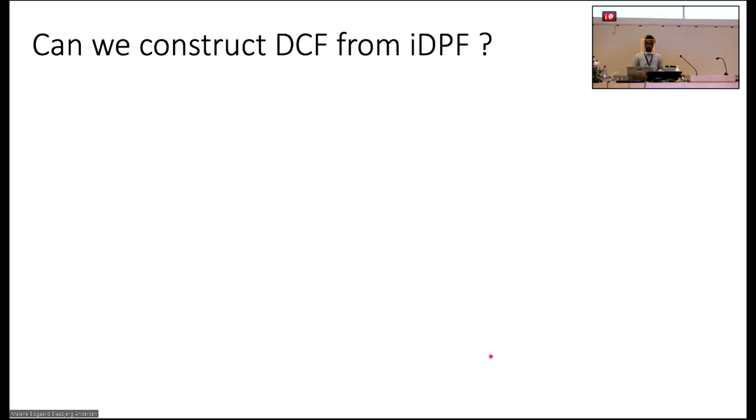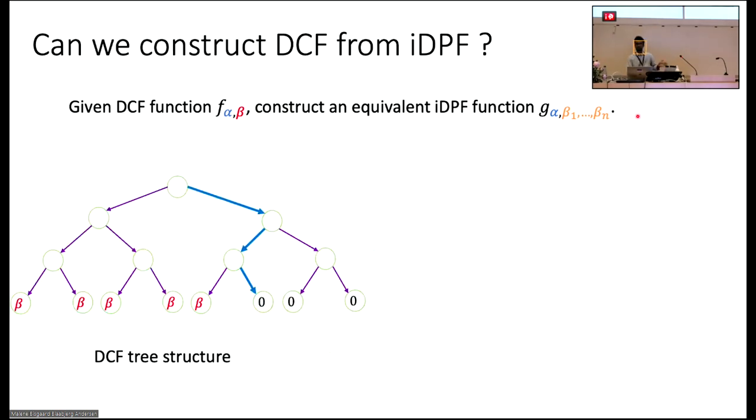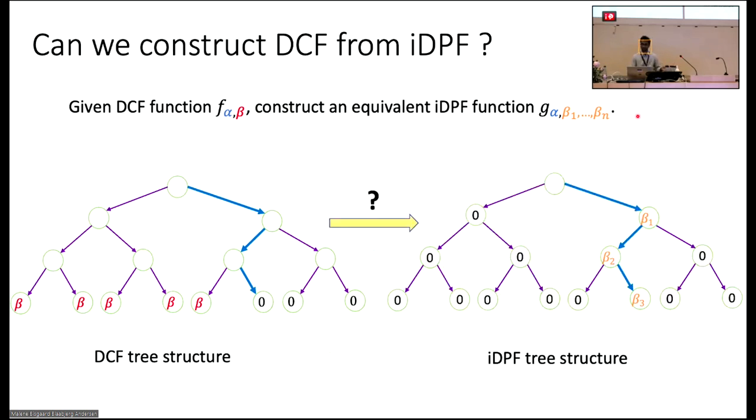So the question that we were considering is whether we can construct DCFs from iDPFs. For example, if you have a DCF function f_alpha,beta, can you construct an equivalent iDPF function with parameters alpha and some beta values? Pictorially, can you change the DCF structure on the left into some kind of iDPF structure on the right?